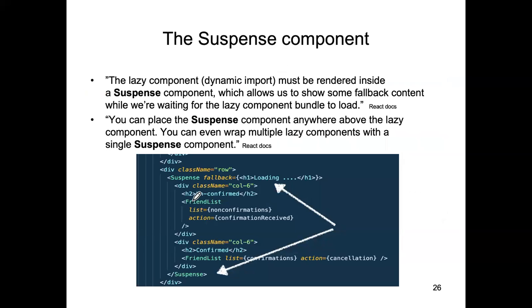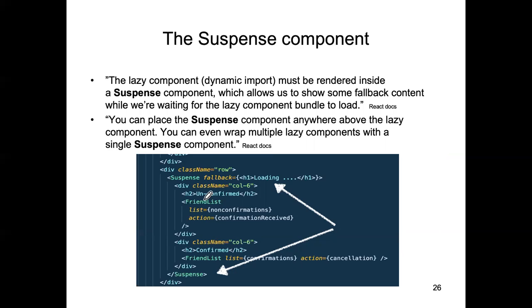Now, if all we did was what I showed you on the previous slide, then my actual app would kind of crash. It wouldn't display anything, because React is trying to render this and display it on the screen, but it doesn't have this component yet. It's waiting for the hosting server to return it.